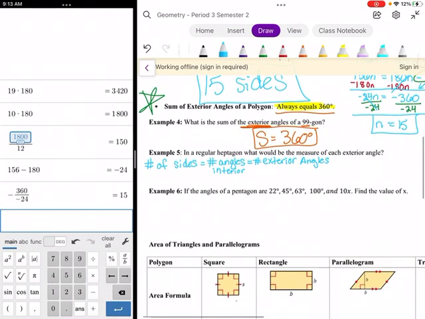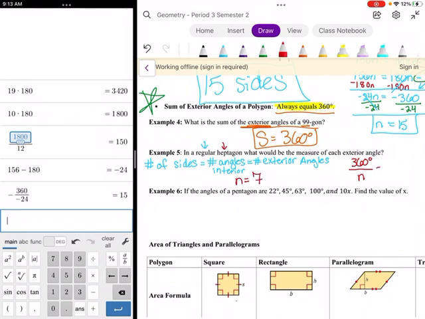So in a regular heptagon, what would be the measure of each exterior angle? And regular means they're all equal. So we know the total sum is 360. So to figure out what one exterior angle is, we're just going to divide it by the number of sides. And if you look at the table at the beginning, a heptagon means that we have 7 sides.